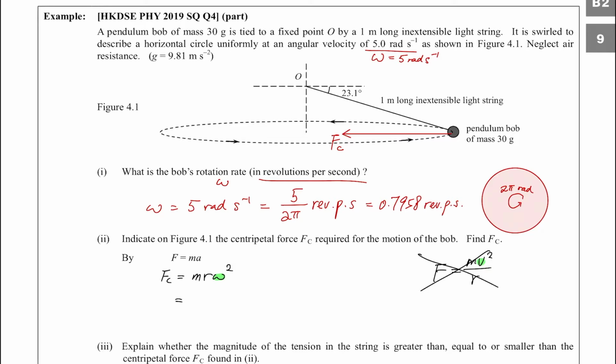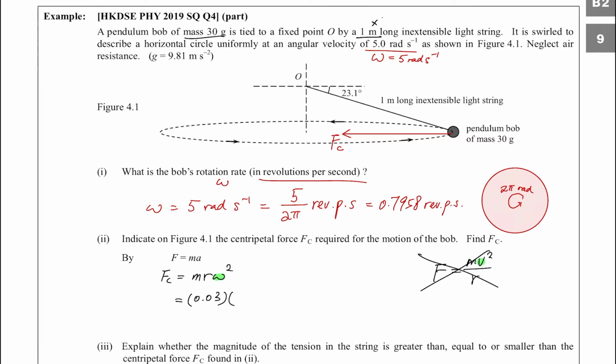So we have the Fc equals m, mass of the bob. We have 30 grams. Of course, we need to change the units carefully. 30 grams divided by 1000 is 0.03. Radius of the circle.